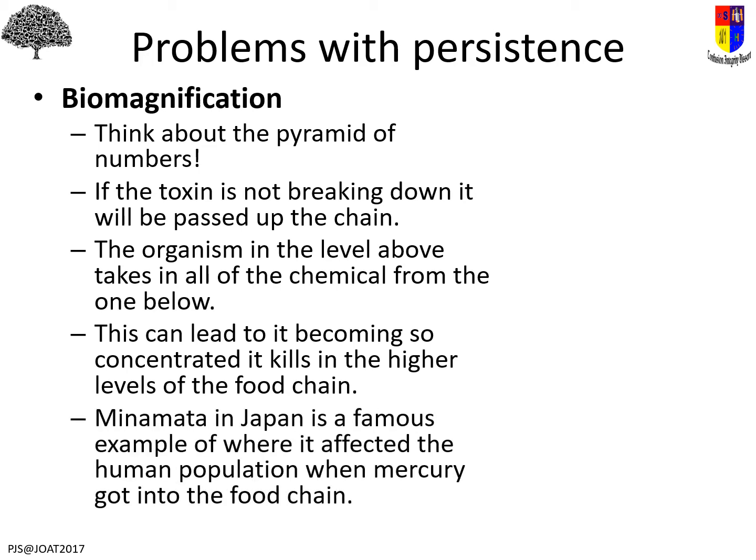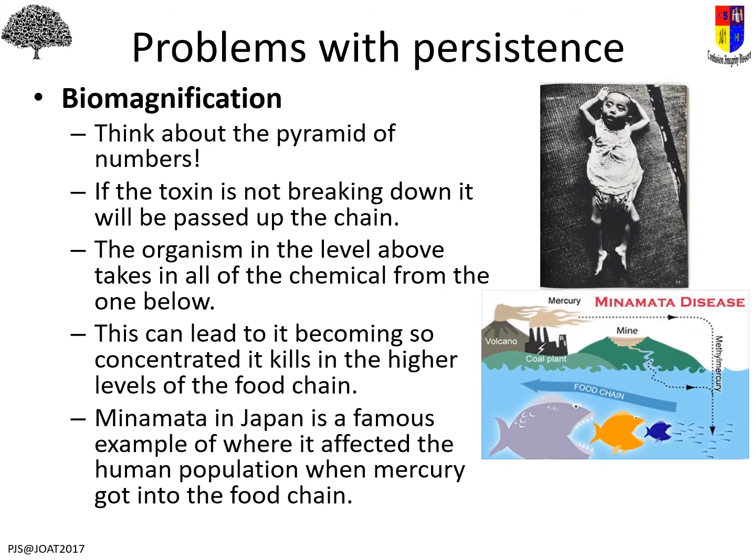There are lots of examples of where this has been really quite damaging. There's a place in Japan called Minamata, and what happened there was lots of people suddenly started getting mercury poisoning. It was called Minamata disease in some places. What they found out eventually was that a mine was using mercury as part of the mining, and the mercury was getting into the water.